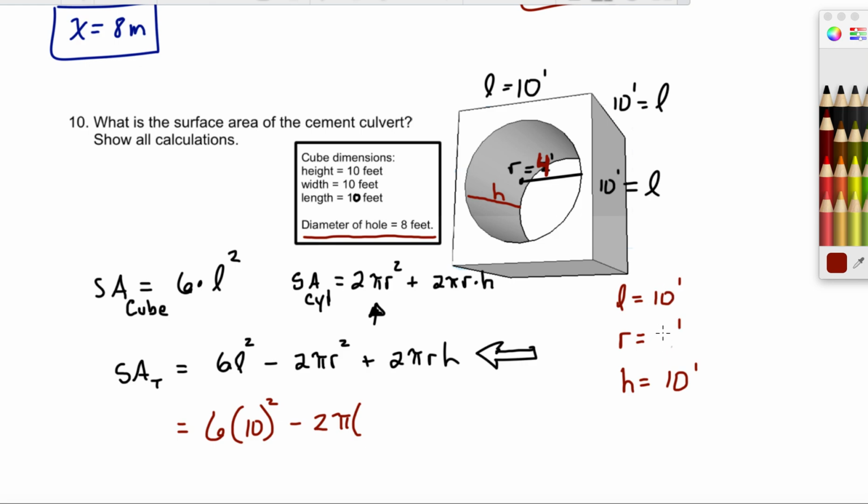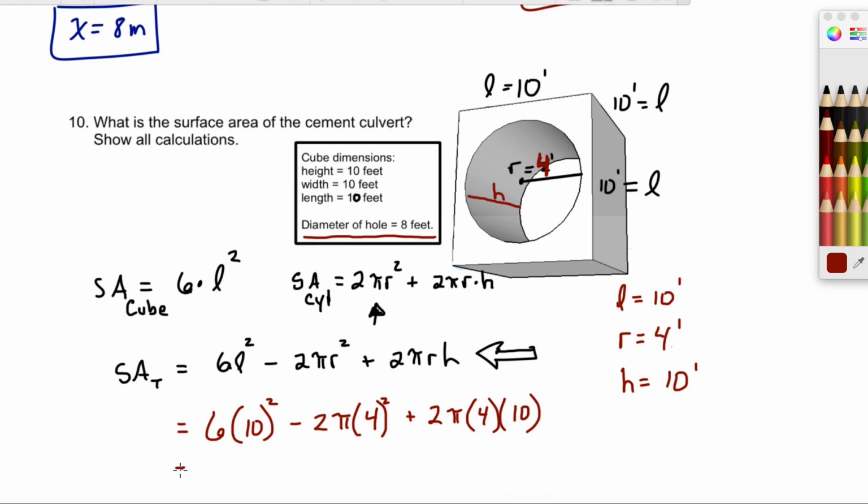I was, but I caught it now because I've written everything out, and so I can see the mistake more easily. Or maybe I just got lucky, I don't know. So 4 squared here, okay, plus 2 pi times 4 times 10.